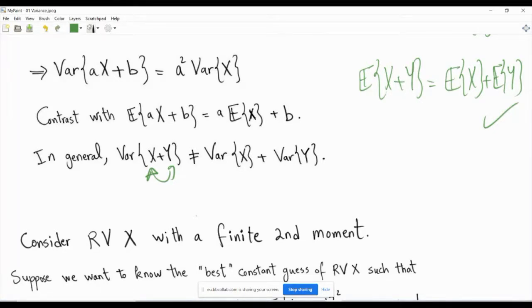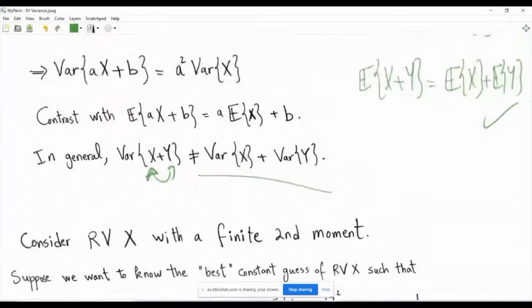Okay, so this is very important to keep in mind, and we will also study the condition that guarantees that the variance of a sum is the sum of variances. So under some conditions you can have equality, but generally speaking, the variance of a sum is not equal to the sum of variances.